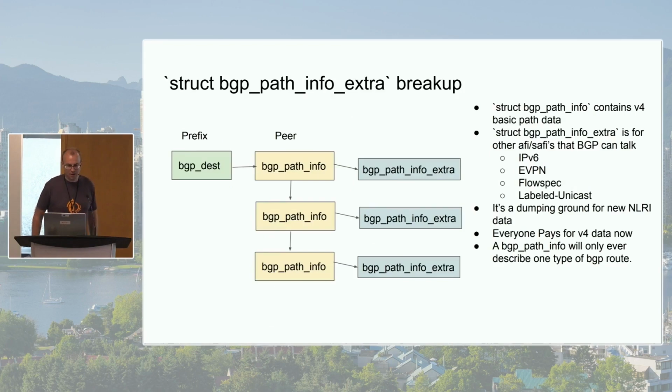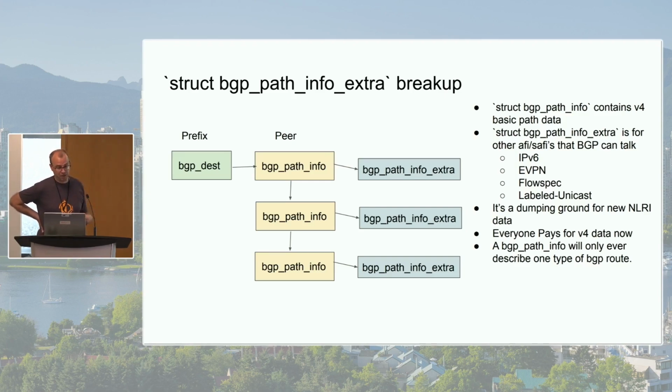Next thing I wanted to talk about was the struct bgp_path_info_extra. Each prefix in BGP has a bgp_path_info, which is the peer data structure associated with the path data structure for that prefix from a particular peer. So in this case, we have three bgp_path_infos.